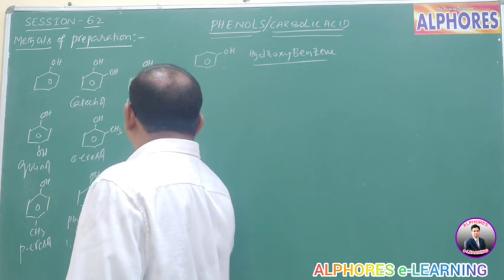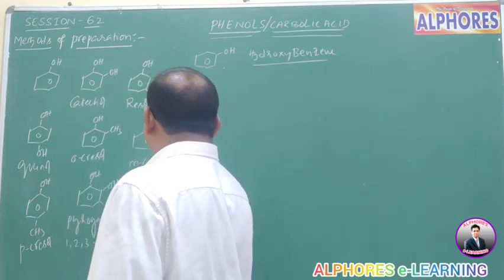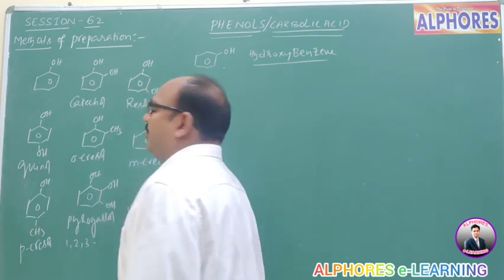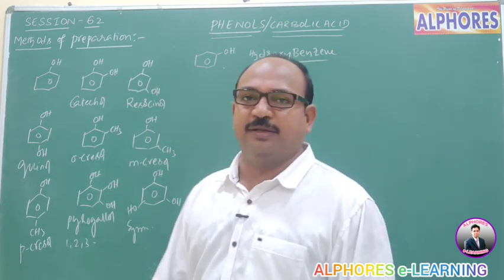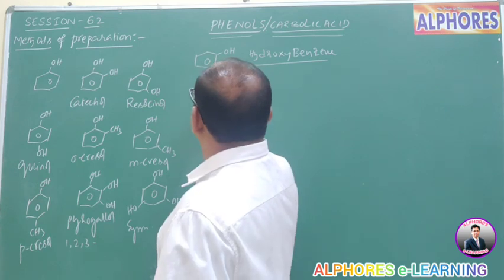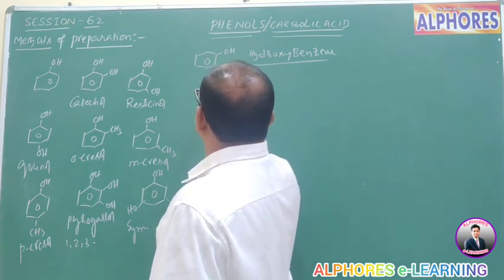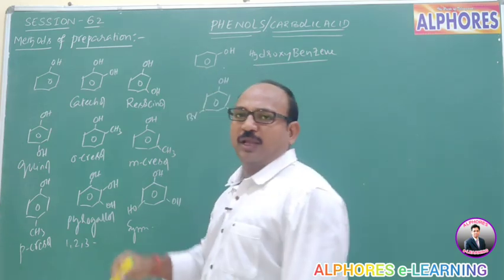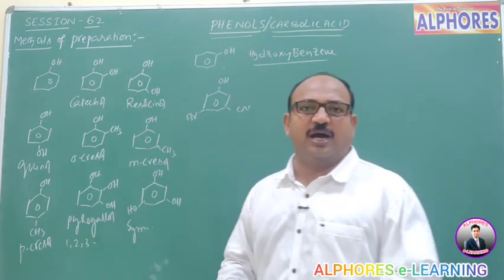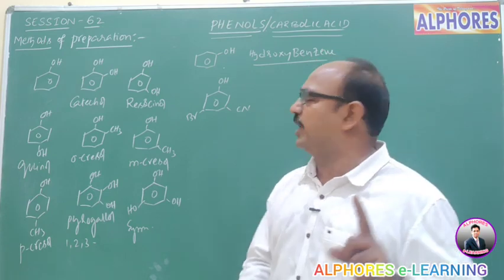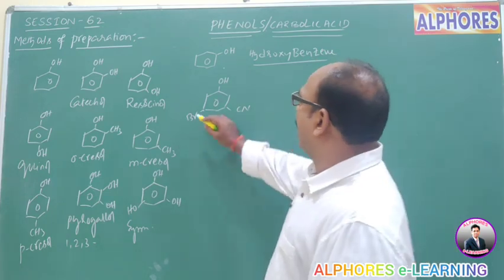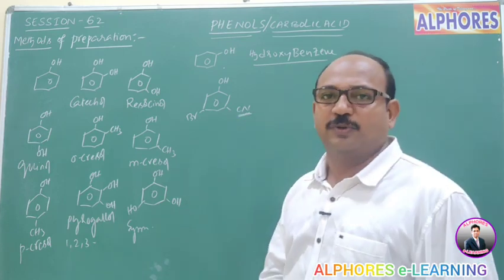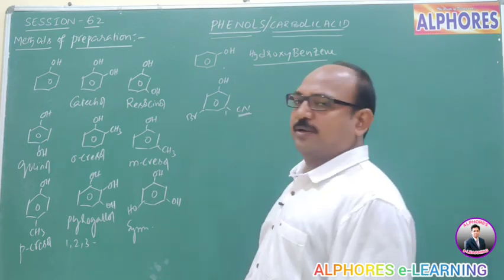The 1,3,5 isomer is what we call symmetrical trihydroxybenzene. Similarly, if the benzene ring consists of OH, CN and Br, there are three groups. One is the functional group. Out of these three, which one is the functional group? The CN group is the functional group, and this carbon is number one.